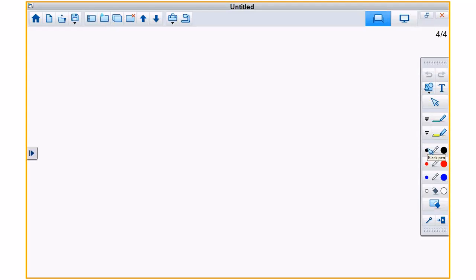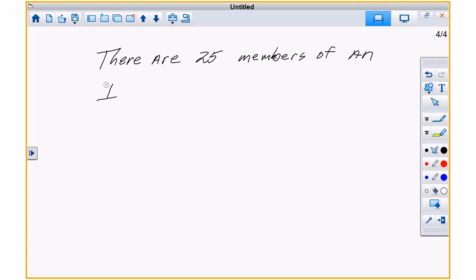They have one part A and a part B. There are 25 members of an improvement group for the city. I'm just making this up, okay?